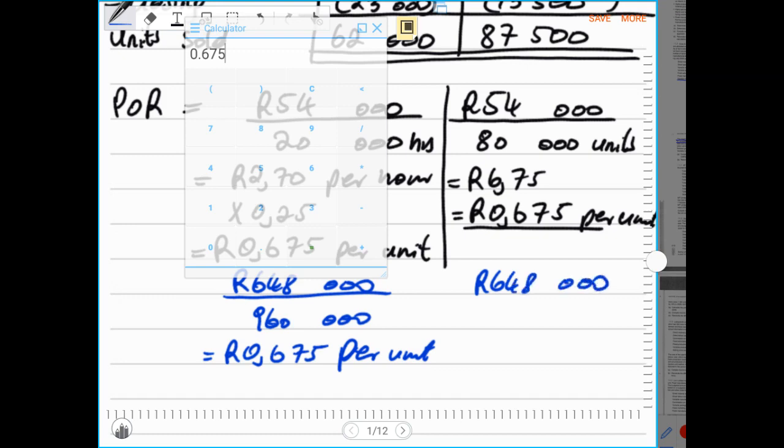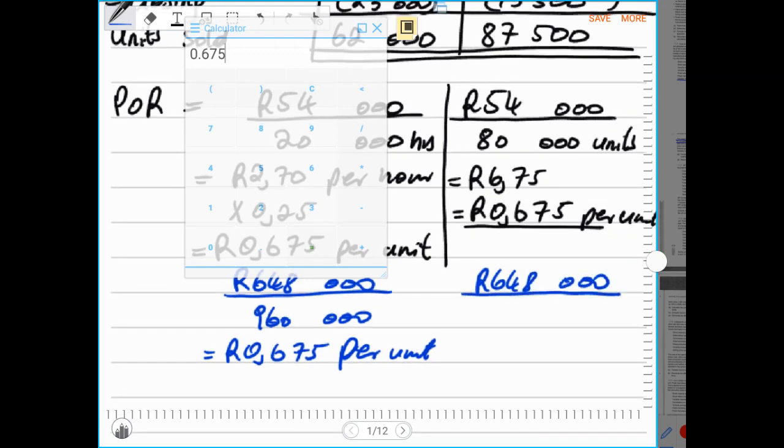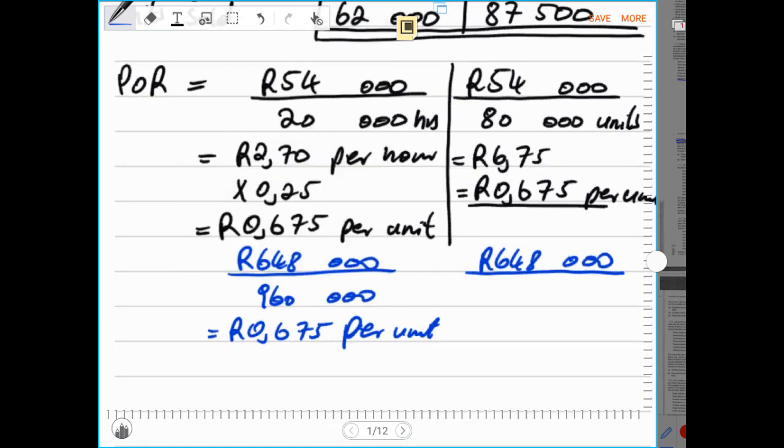Or else you could have used the last method: 648,000 divided by the total production hours per annum. Therefore, if we need the total production hours per annum, we have to convert the 960,000 units into hours.